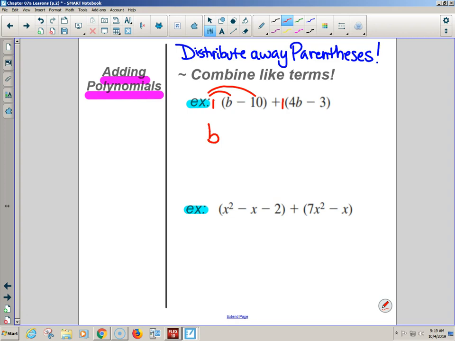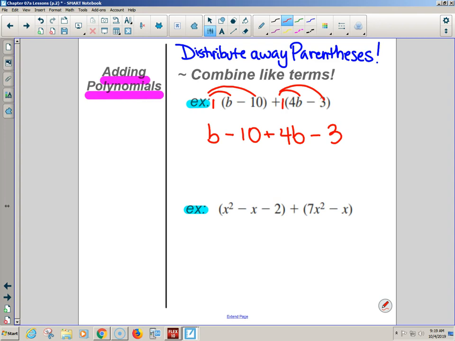Then positive 1 over a minus times 10, and I would distribute again. Distribute away the parentheses. So what's going to be the next term, guys? Plus 4b, and the last one? Minus 3. Going across subtraction, 1 times 3 is 3.